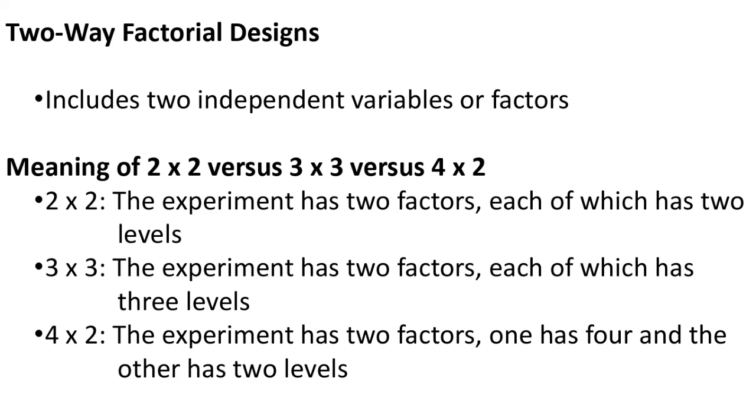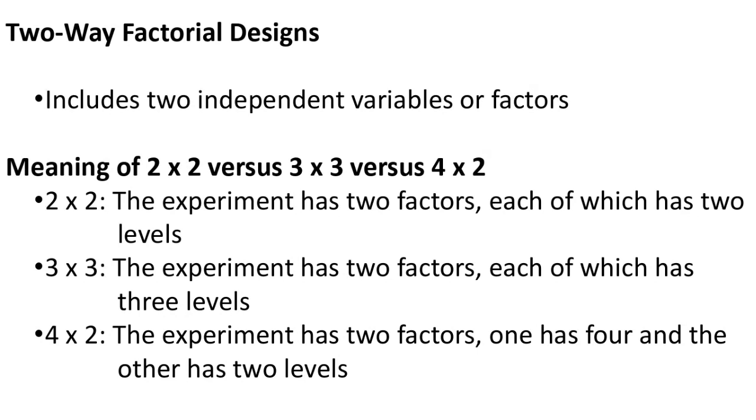So what does the notation mean? Well, 2 times 2 means that the experiment has 2 factors, each of which has 2 levels. That's what we'll focus on in the course, not the more complicated ones, which are 3 times 3 and 4 times 2. 3 times 3 means the experiment has 2 factors, each of which has 3 levels.